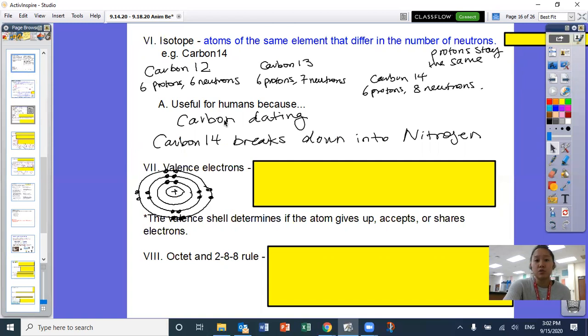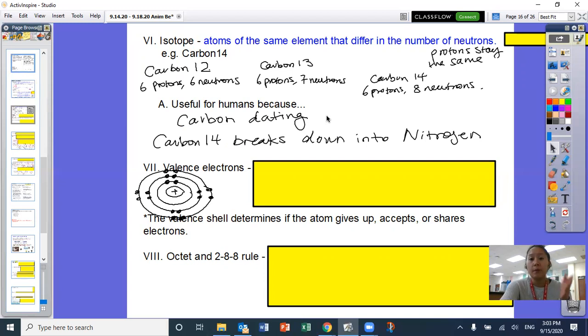Carbon-14 is useful to humans because we use carbon dating. Carbon is taken in through ingesting foods when an organism is alive, and once the organism has passed away, it can no longer take in new carbons. There's a certain ratio of carbons that are not carbon-12s, and they are carbon-14s. But carbon-14 slowly breaks down into nitrogen.